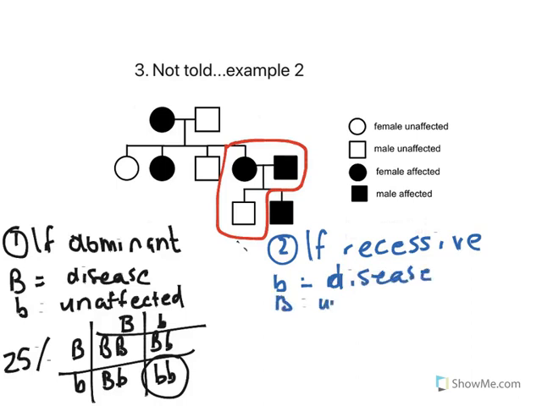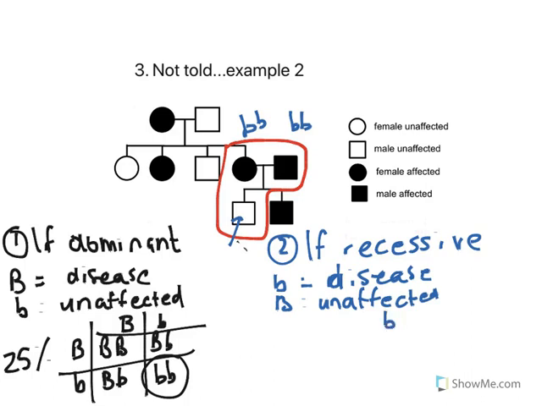Big B is unaffected. So the male child who is unaffected, well, we don't know what his genotype is, but the parents would be two little b's. And would it be possible for them to have this child here?